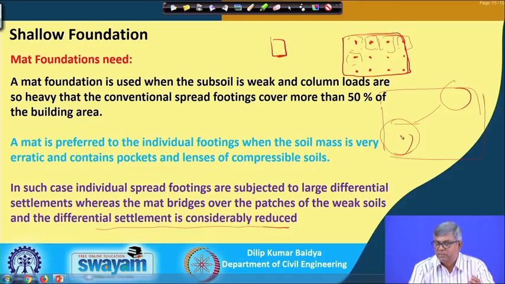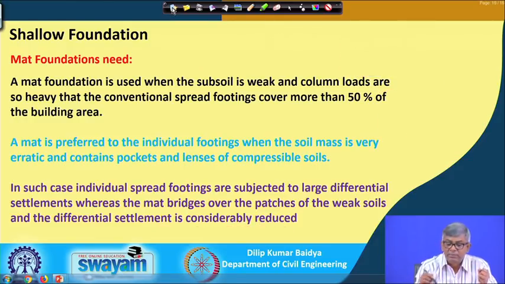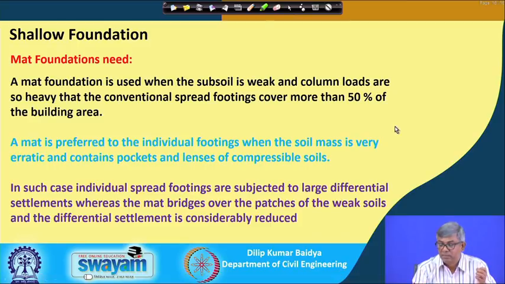Instead of two different footings on two different soils settling differently, if I give a common mat, they will try to settle together and it will minimize the differential settlement between the two footings. So, these are the different situations where we can go for mat and raft foundation. Now we will see the types of mat or raft in the next slide.